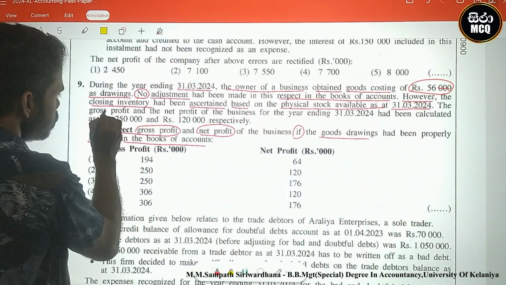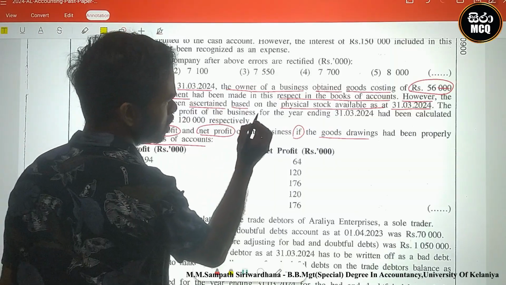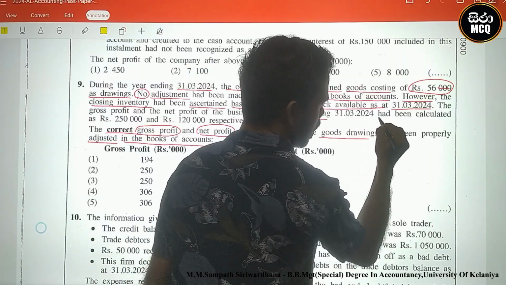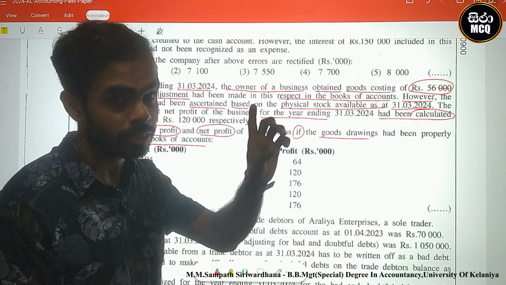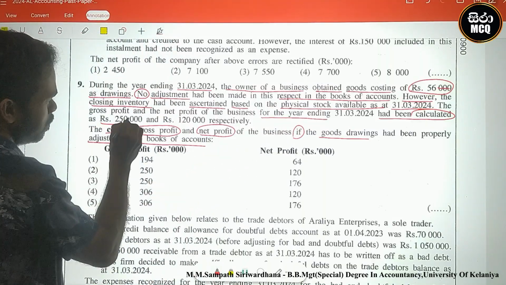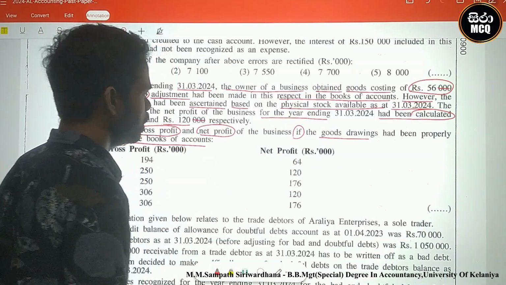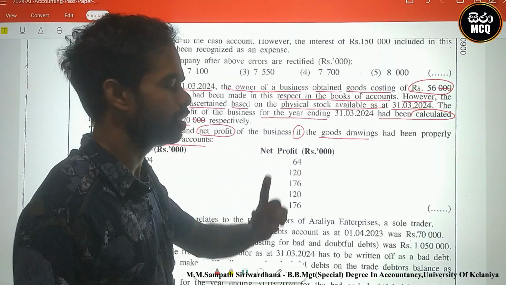The gross profit and net profit for the year ending 31st March 2024 had been calculated before rectifying this error, at rupees 250,000 and 120,000 respectively.